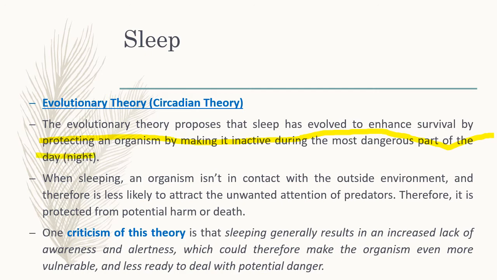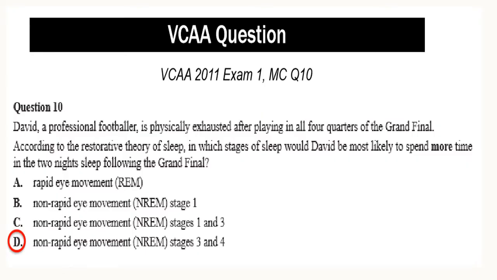When sleeping, an organism isn't in contact with the outside environment and therefore is less likely to attract the unwanted attention of predators. Therefore, it is protected from potential harm or death. The criticism of the theory is that by sleeping, we have an increased lack of awareness and alertness, which could make us more vulnerable to attack, and we can't prepare for the danger. And you can pause and read the question.